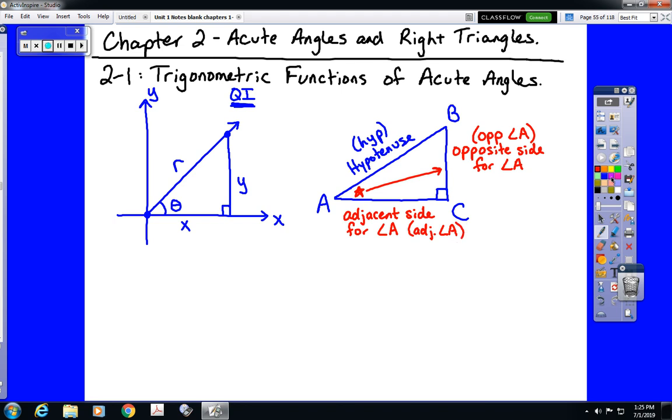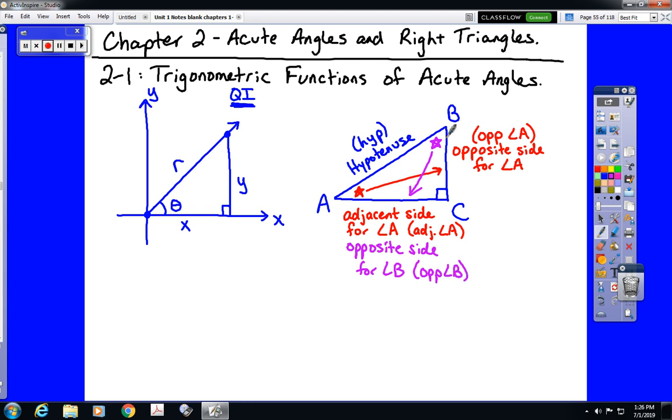Now on the surface that's not very difficult, but where the problem arises is when we throw in the fact that we could also name the triangle based on angle B. If we name the triangle based on angle B, then AC would be the opposite side. Meaning that would be our opposite.